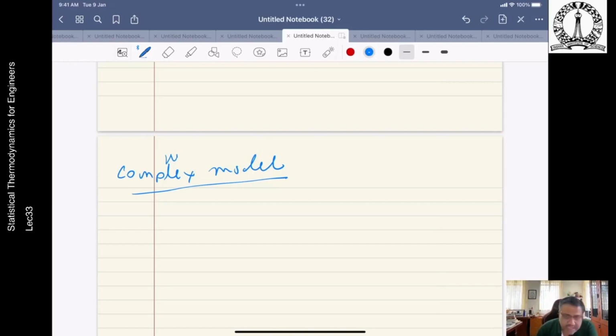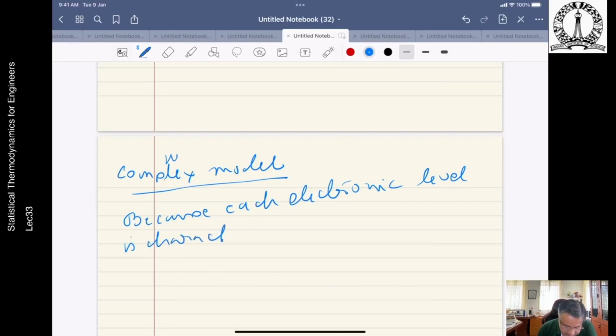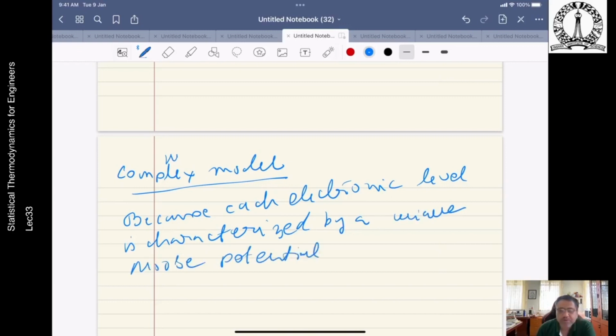Each electronic level is characterized by a unique Morse potential, which basically represents a prevalent bonding mechanism.